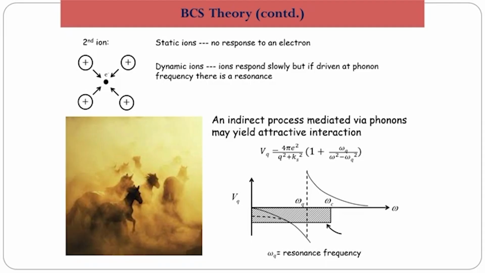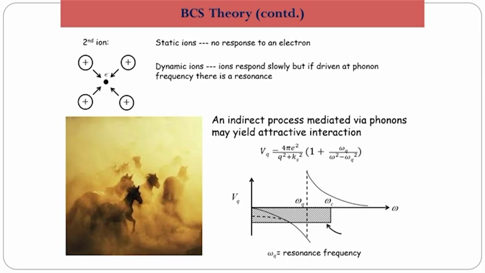What happens is that when one electron passes through the lattice, it looks like horses running in dusty fields. You don't see the horses, but you see a ball of dust moving ahead.